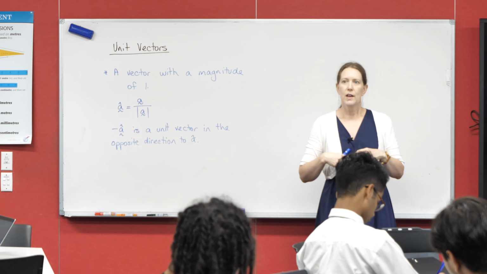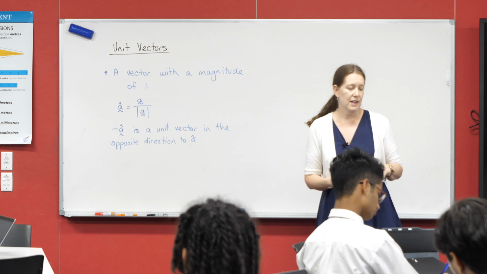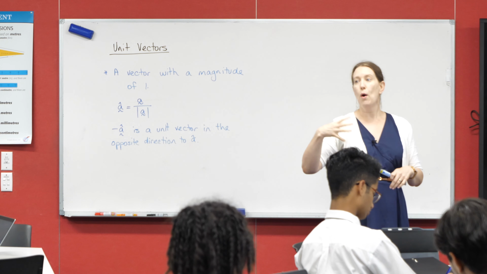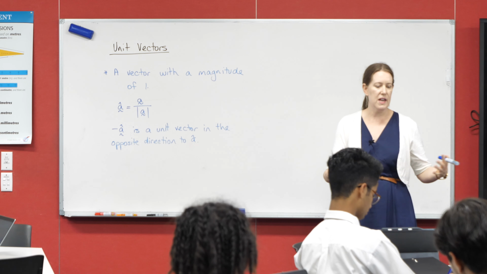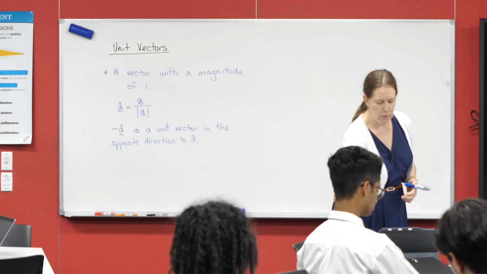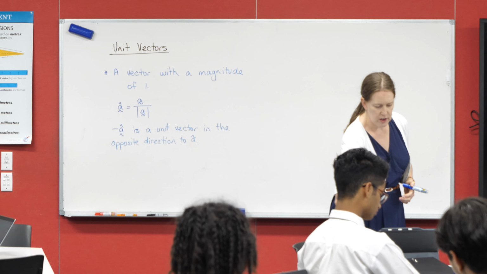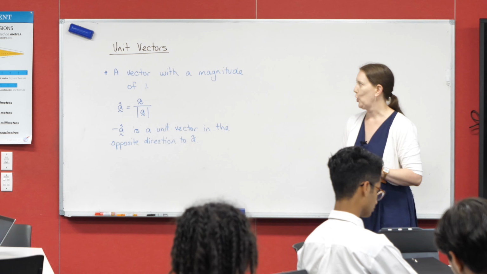What this means for us is that if we think of things in terms of unit vectors, we can then multiply them by scalars and we can get new vectors. I'm going to work through 2 examples, neither of which actually use the unit vector, but it's that concept.